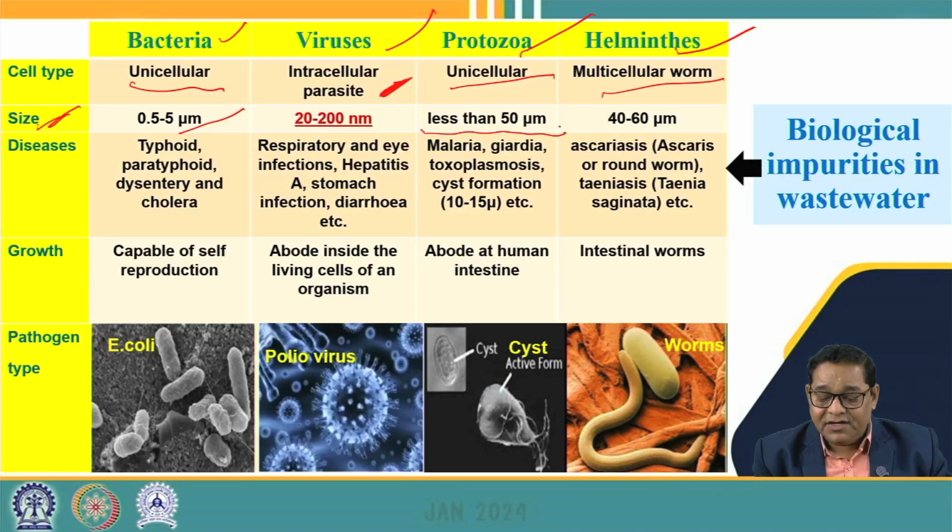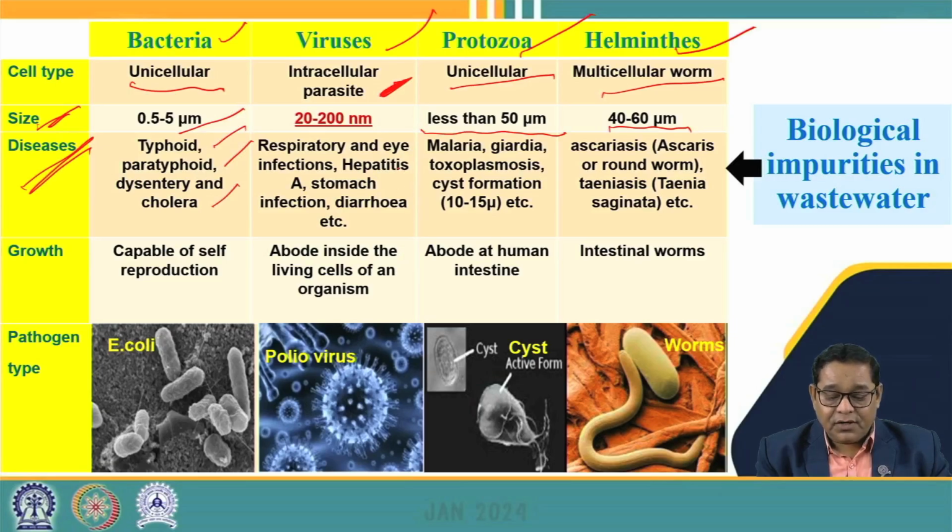Similarly, protozoa have less than 50 micron size, whereas helminths are of a similar size to protozoa, like 40 to 60 micrometers. Bacteria are associated with diseases like typhoid, paratyphoid, dysentery, and cholera.